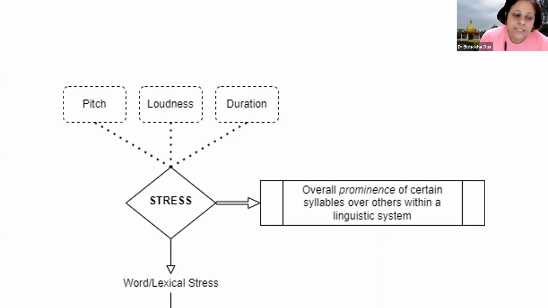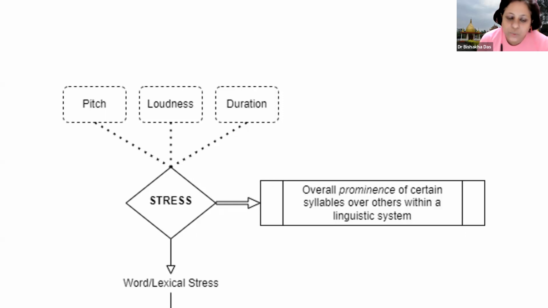Or more commonly, stress is a conventional level for the overall prominence of certain syllables over others within a linguistic system. So in this sense, stress represents the combination of factors such as pitch, loudness, duration.